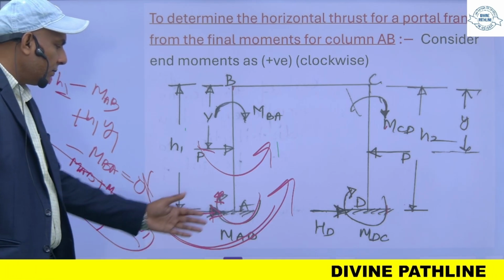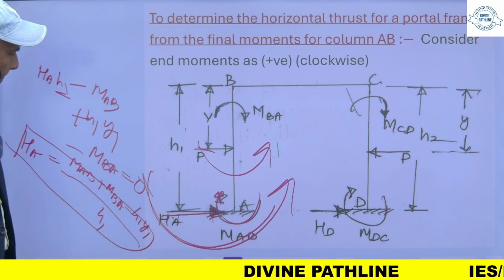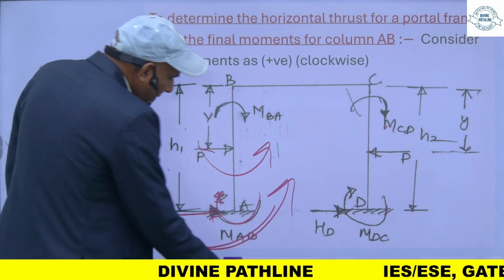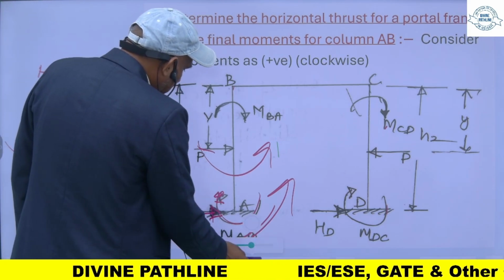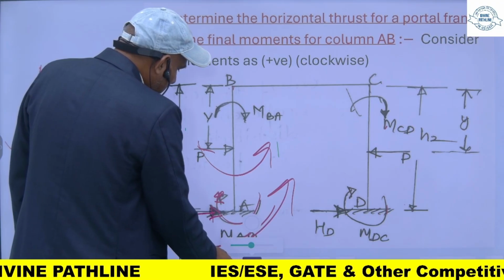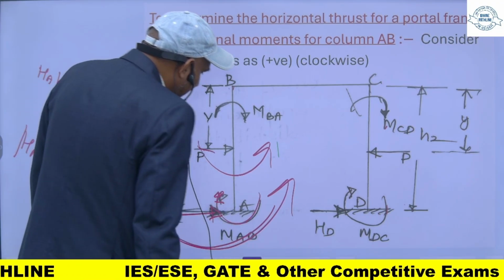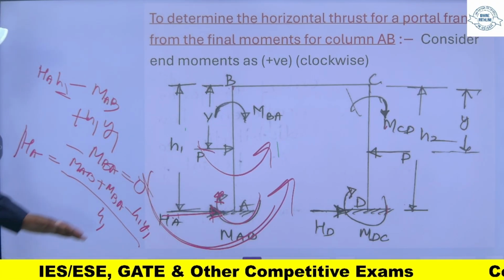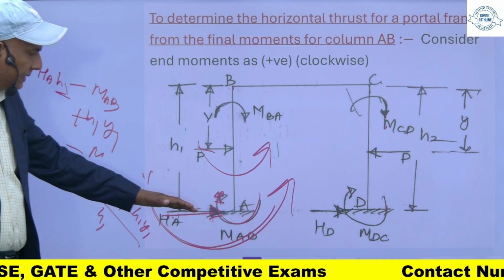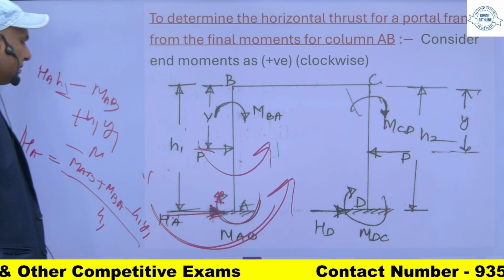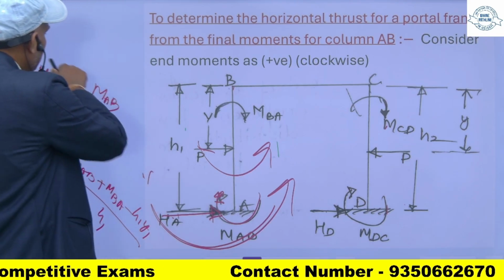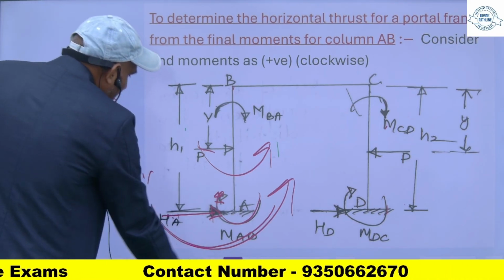Now this is the value of HA. The same value you can find if you treat this direction as negative. In this case, what will happen?